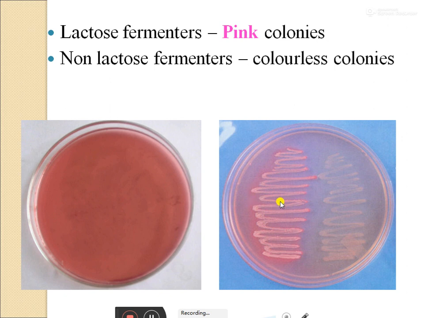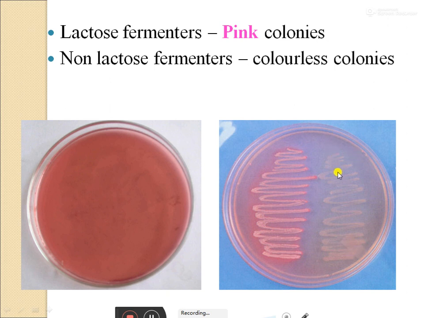Here, as already discussed, MacConkey's media is selective for gram negative, means it allows the growth of gram negative bacteria only, whereas it is differential for lactose fermenting and lactose non-fermenting bacteria. Here we can see the bacteria which can ferment lactose appear pink in color, whereas non-lactose fermenting bacteria appear colorless.